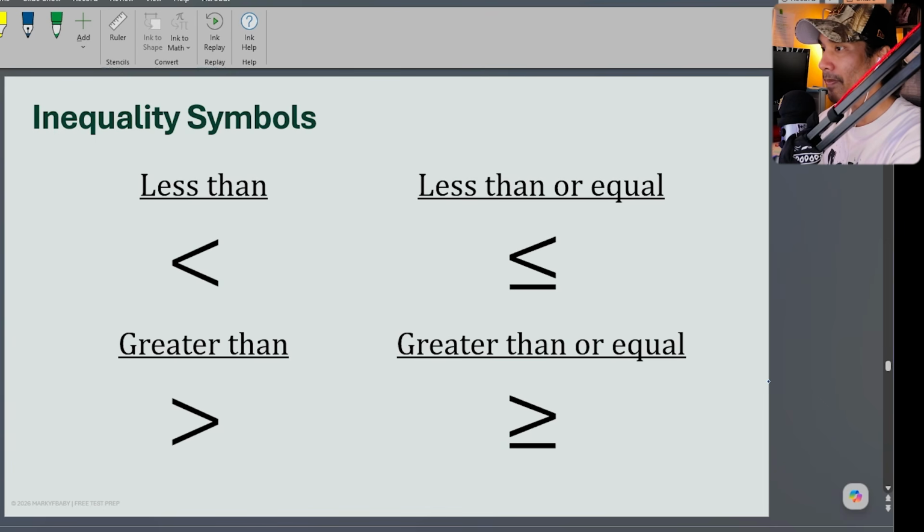The questions may come up in word format, or they may come like this. Instead of saying x is less than or equal to in word format, they'll just put this right here. So make sure you have this memorized. This part is super important.